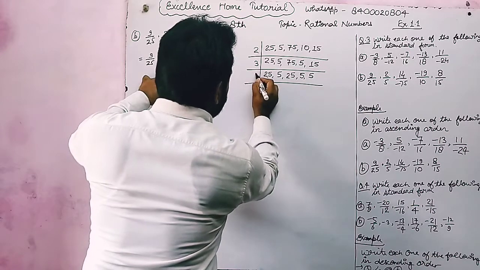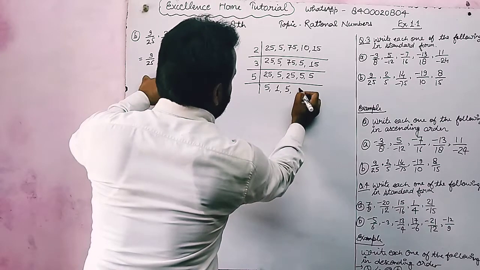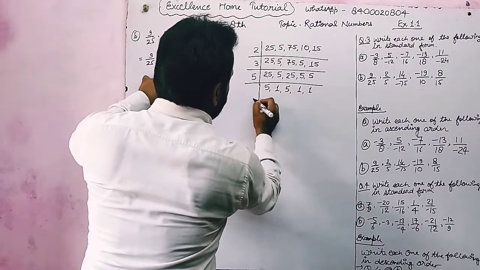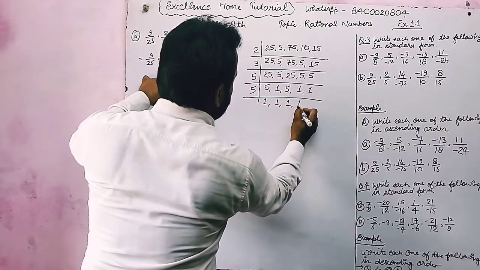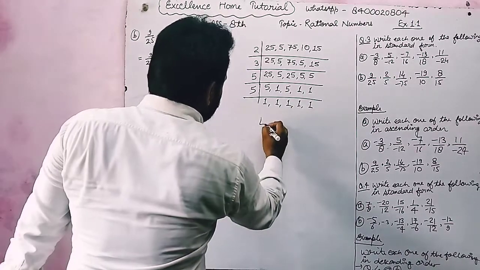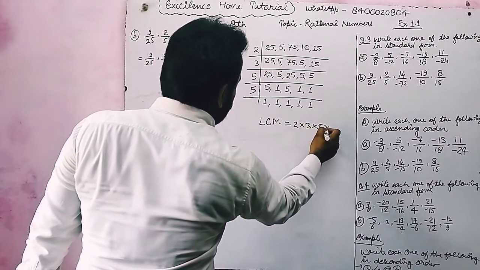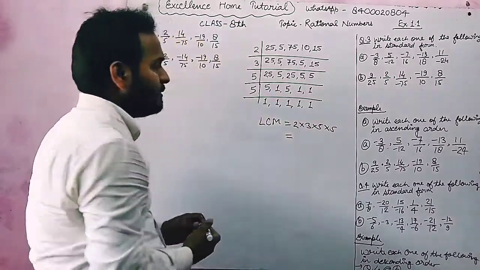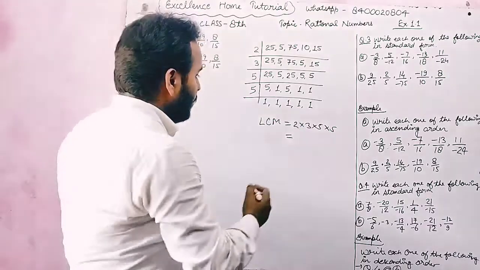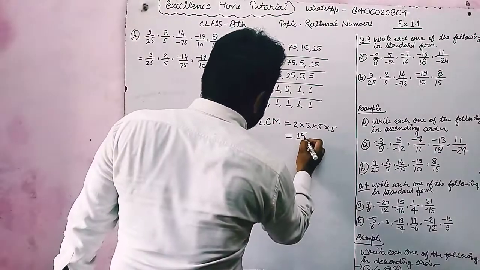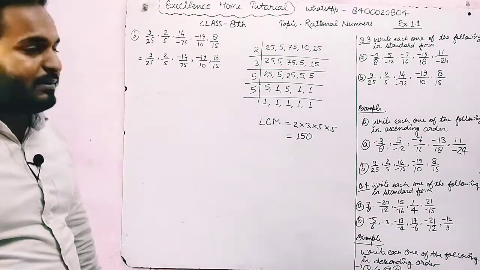After that we divide by 5: 5 5 ja, 5 1 ja, 5 5 ja, 5 1 ja, 5 1 ja. After that 5 1 ja 5, 1 1. So LCM is 2 into 3 into 5 into 5. That means 2 3 ja 6, 5 ja 30, 5 ja 150. This is the LCM of the given denominators.